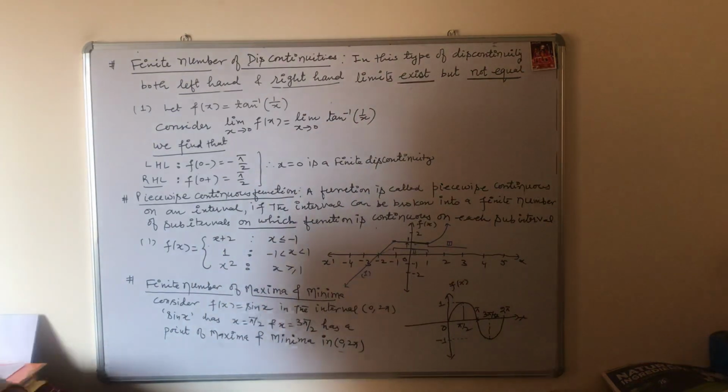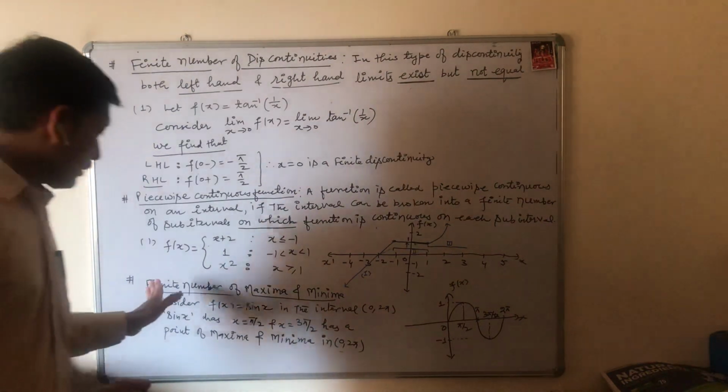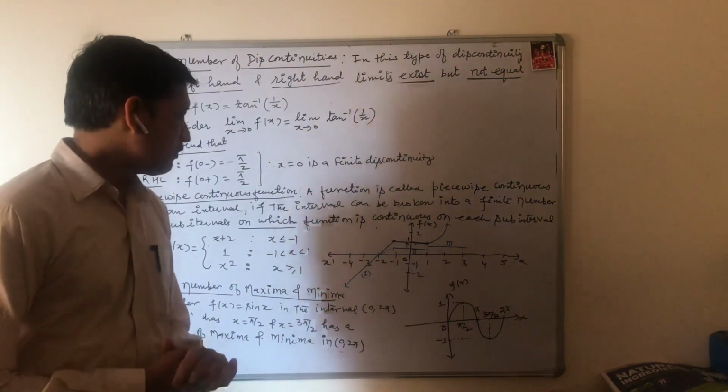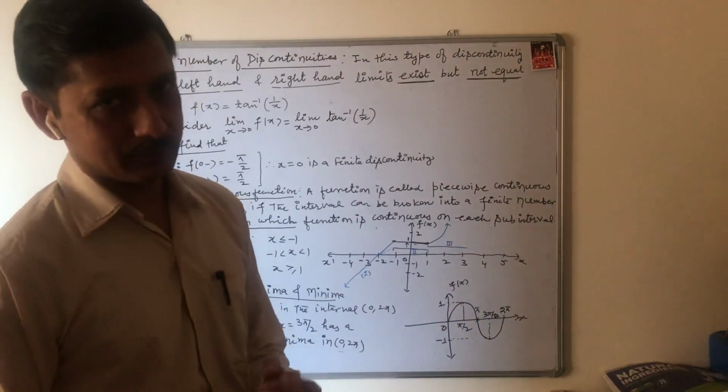And the third one is finite number of maxima and minima.